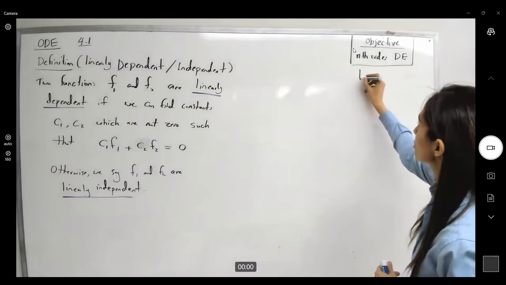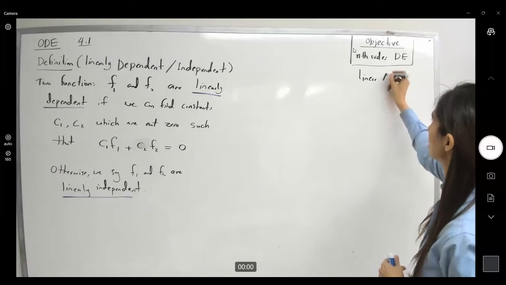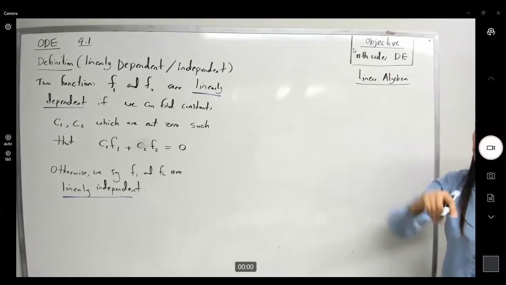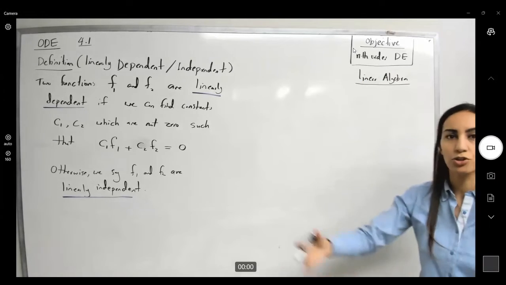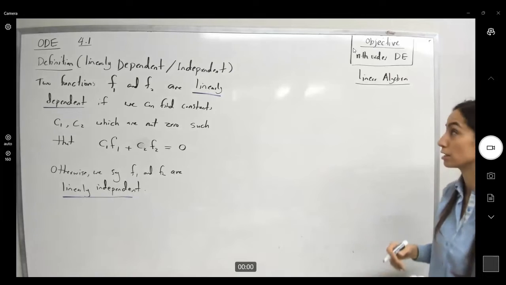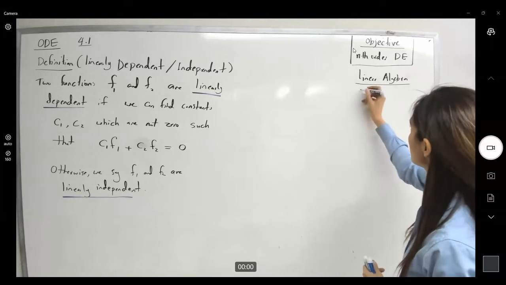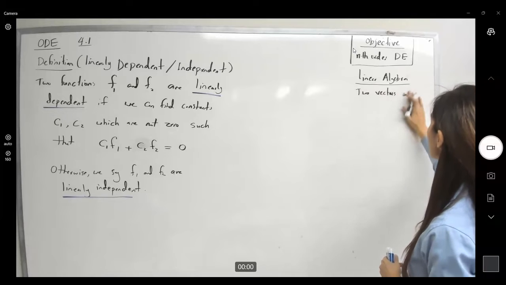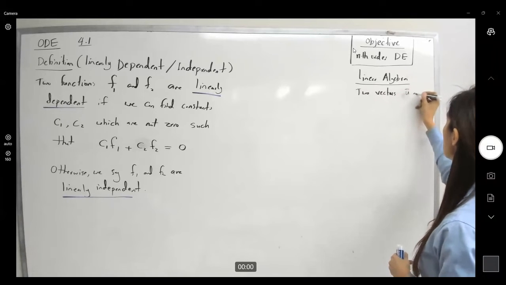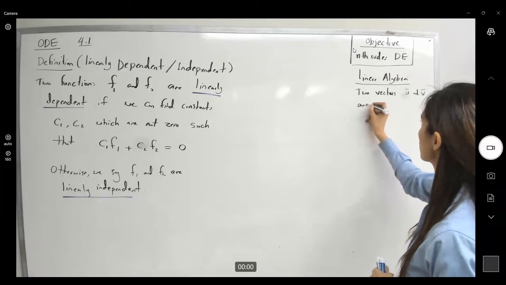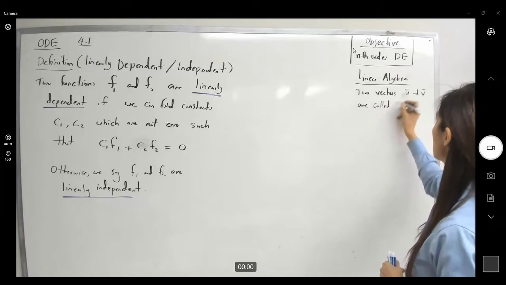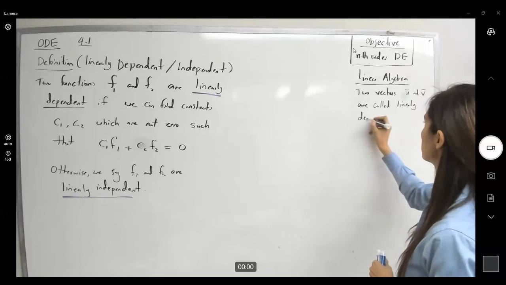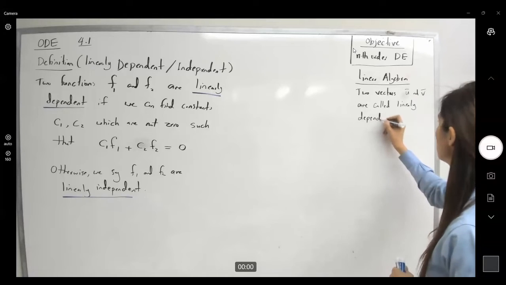In linear algebra terminology, instead of working with functions, we usually introduce vectors in linear algebra. Two vectors like u and v are called linearly dependent, the same definition.